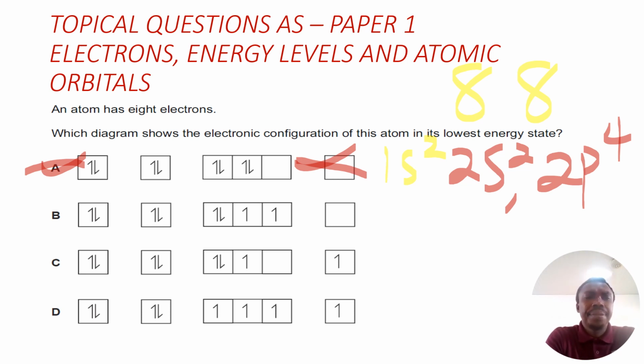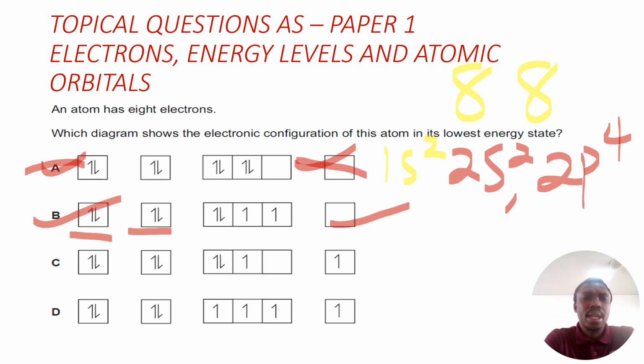Then if you look at B, you have 1s2, 2s2, then 2p4. So you fill singly before you start pairing. So the answer to this question is B. B is the correct answer. It obeys Hund's rule, it obeys the Pauli exclusion principle, and it obeys the Aufbau principle.